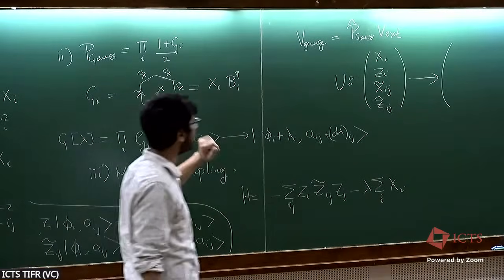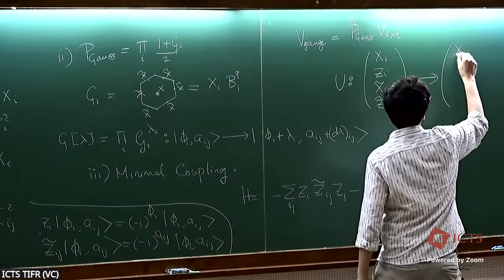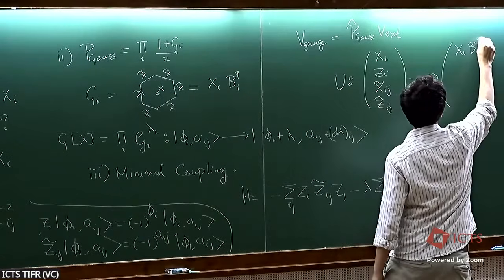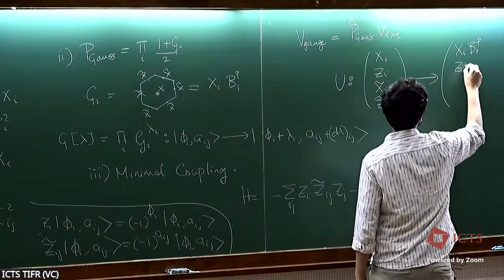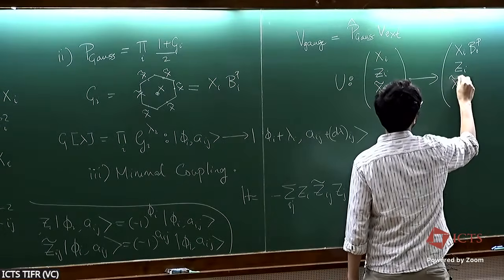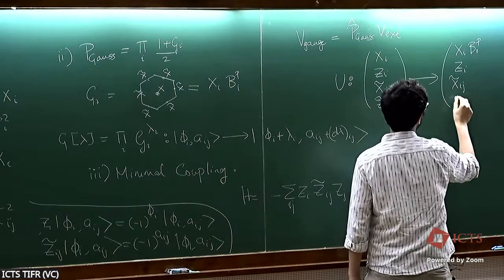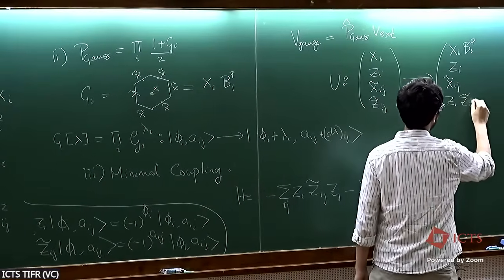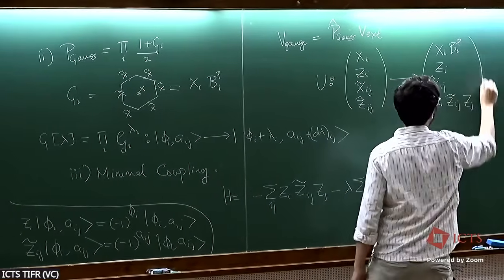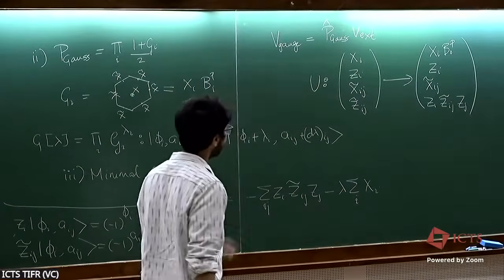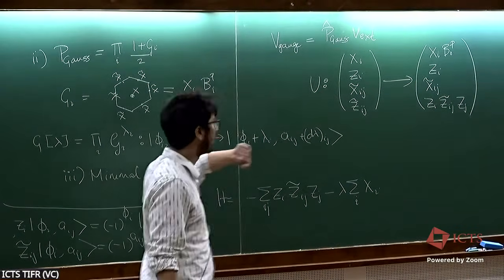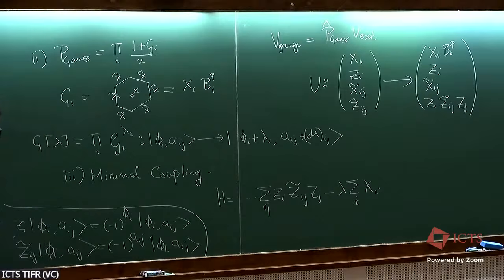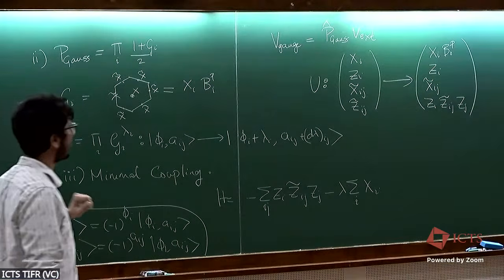I'm just calling it B. There's such a unitary, it's some product of controlled X's or something, and it implements this operator map.